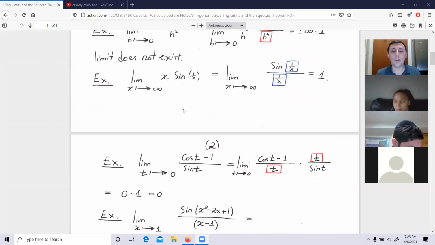All right. What about this one, guys? Do you see sine? So x is approaching 1. Let's see if I can write it.